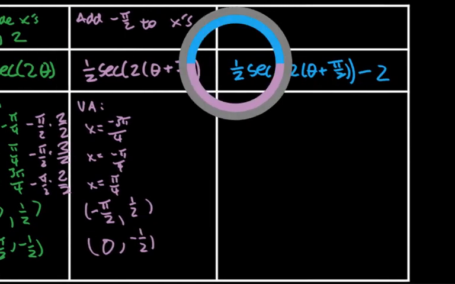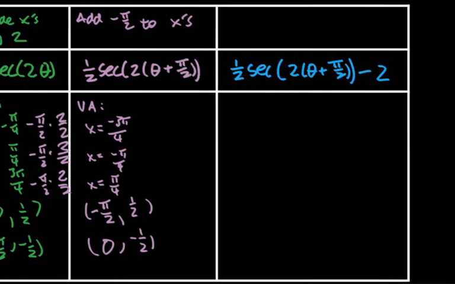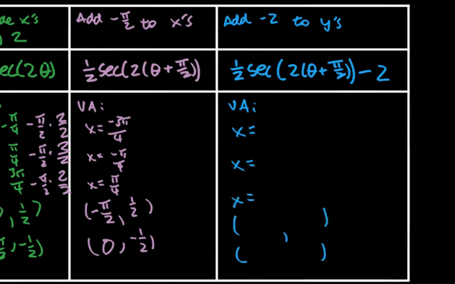All right, then the last thing over here, we're going to be adding negative 2. So adding the k value. In other words, subtracting 2 from the y values. Okay, so these asymptotes, they're just going to stay the same because they are x's. And those values will also stay the same.